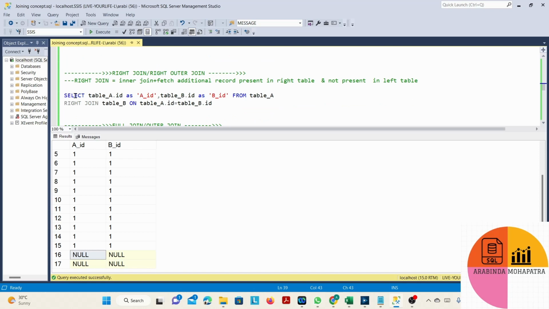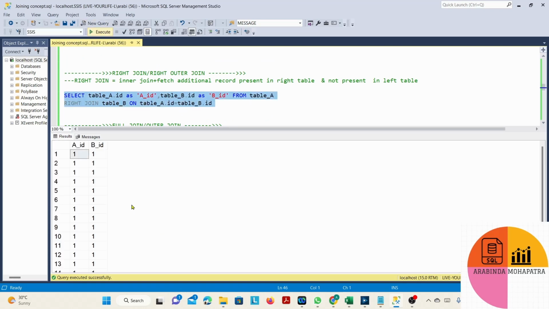Already I have written it. So here, let's run it to check the data. Basically, if you are able to see it, the total number of records fetched is 17 rows.